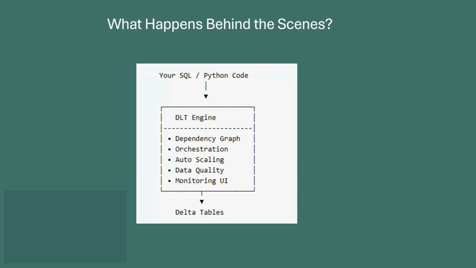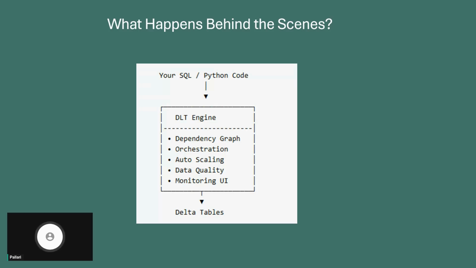It also helps in handling data quality, orchestration, lineage, and incremental updates. So basically, a Delta Live Table is a managed Delta table plus the orchestration logic around it. And it's designed to make building pipelines easier, reliable, and scalable.